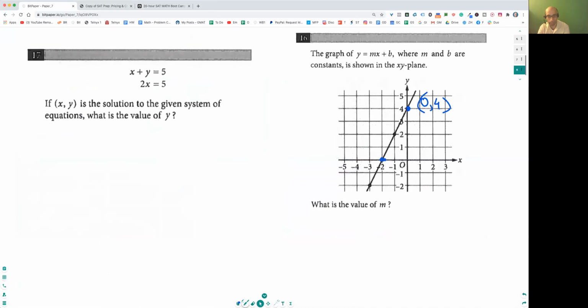Meanwhile, I'm going to look at this one. Over here, this value is -2, 0. Now, all you have to do is y2 minus y1 over x2 minus x1. So 4 minus 0 over 0 minus -2, which gives you 4 over 2, which is equal to 2. That's your answer.